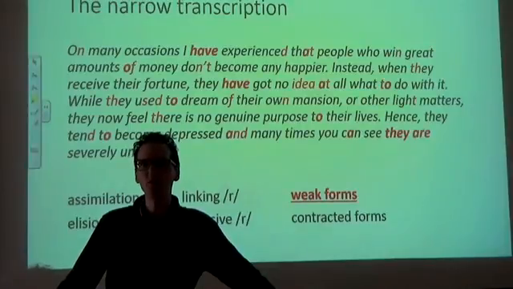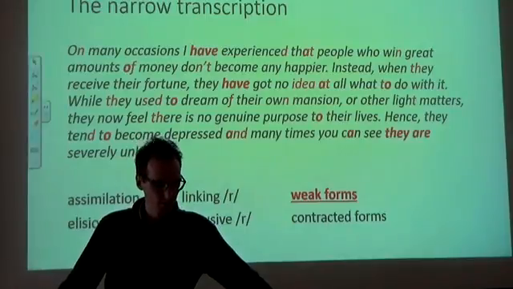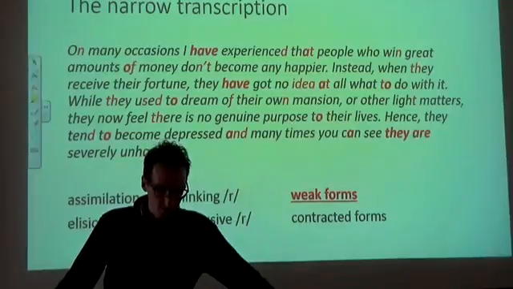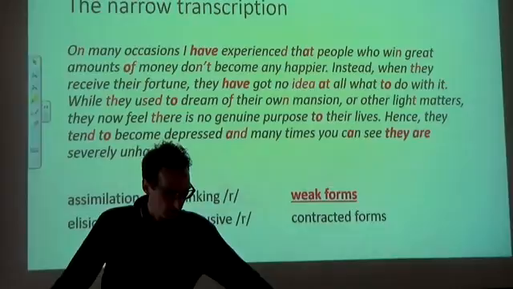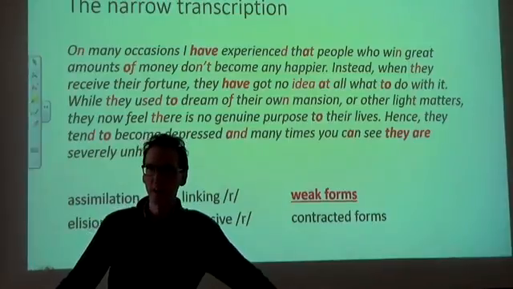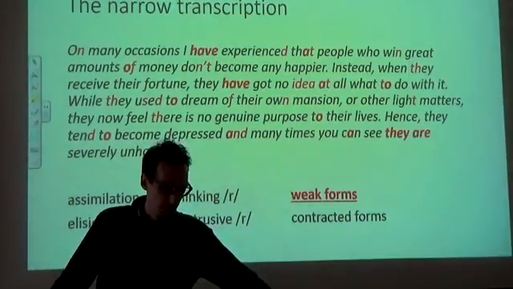If you find this too complicated, don't worry. There's other less complicated things in this text. You can see can changes to can, and then they are severely unhappy becomes their contracted form. They're severely unhappy.